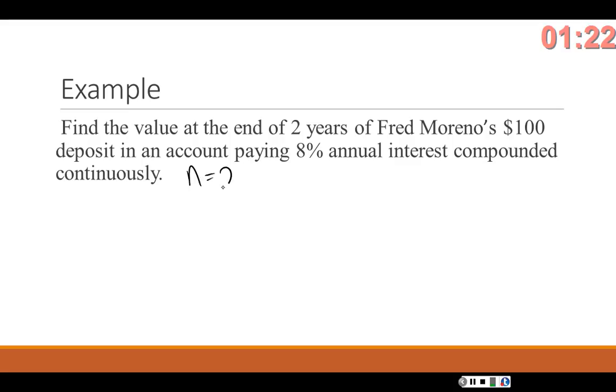So the number of years is 2. Remember the equation? The future value is equal to the present value times the exponential function raised to the stated rate times n. So for this equation, remember we can't put it into our calculator.